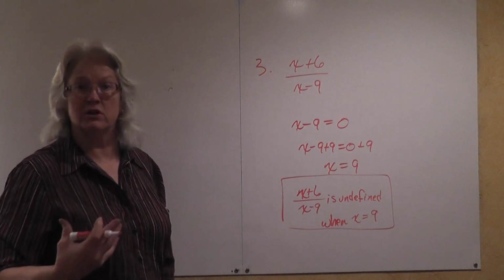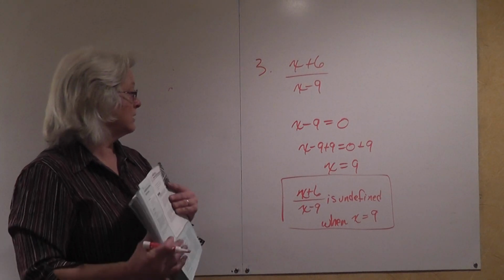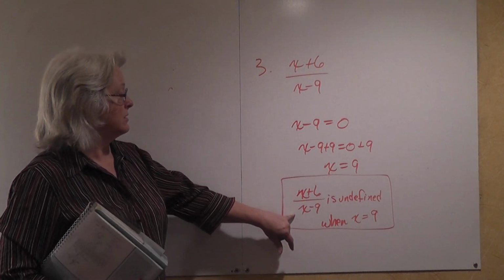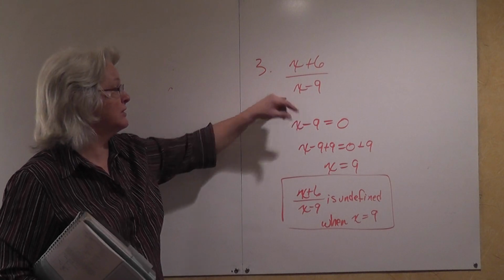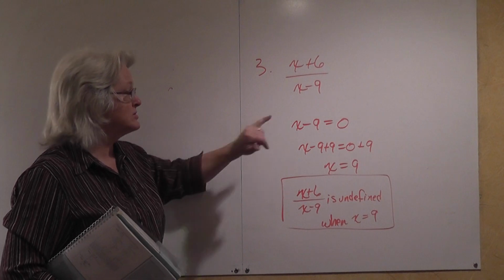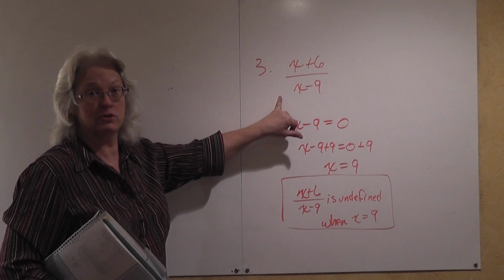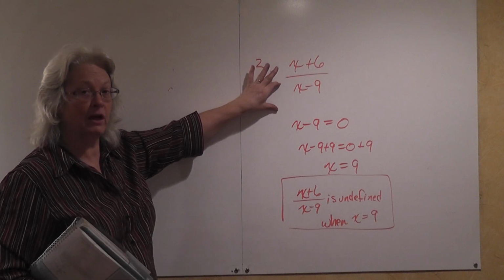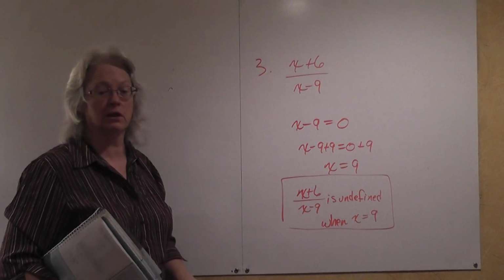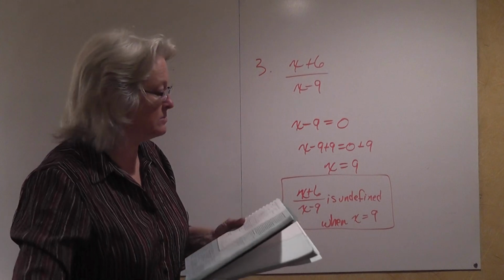It's just a little bit of strange terminology that you're working on here. To determine when a rational expression is undefined, find the values of the variable that make that denominator have a value of 0. Okay? Let's go ahead and look at this next one.